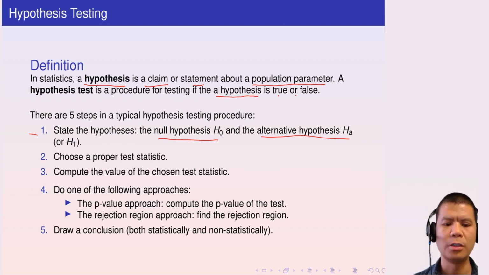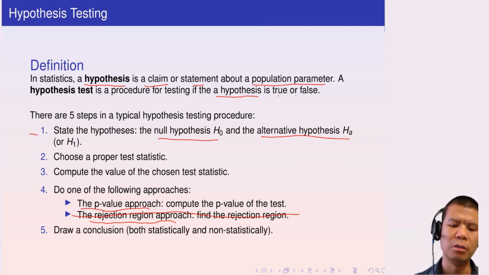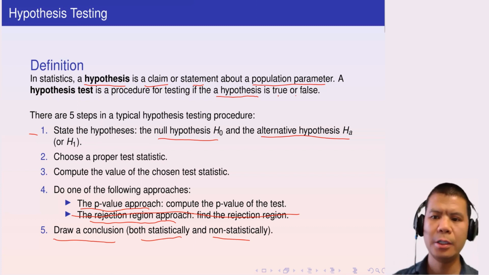Step 4 is to do one of the following. One is the p-value approach. The other is the rejection region approach. I'm going to focus on the first one, the p-value approach. And finally, you draw a conclusion, but be careful both statistically and non-statistically.